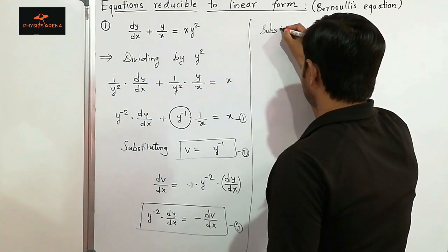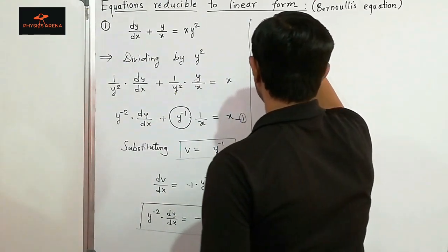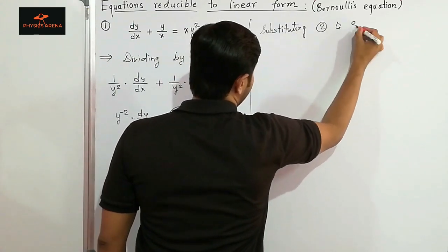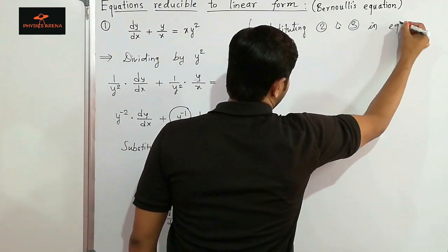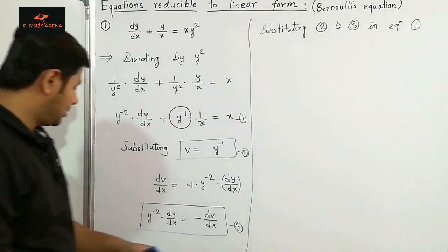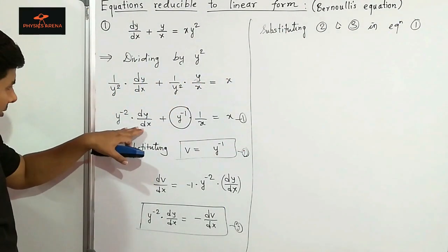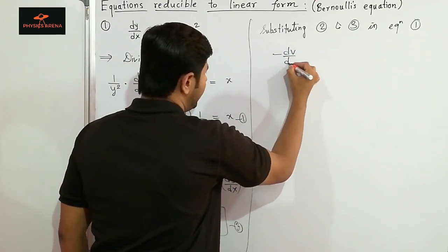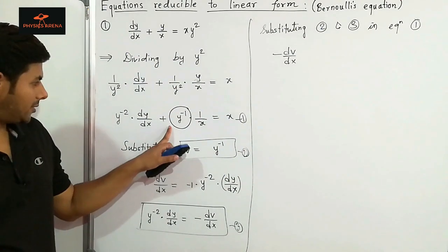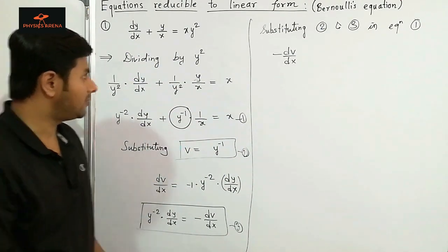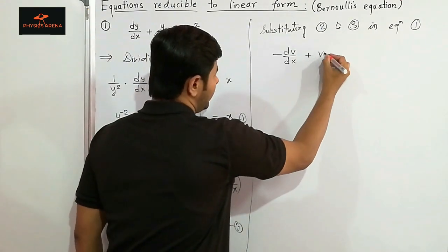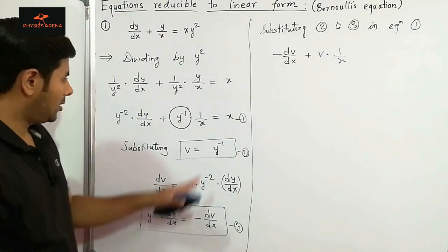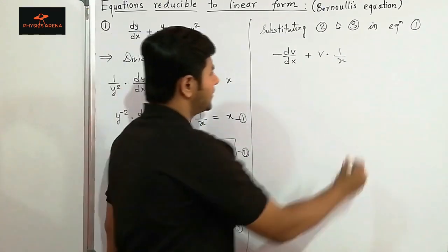So substituting 2 and 3 in equation 1, what we get is minus of dv by dx plus y raised to minus 1 is v, so plus v multiplied by 1 over x equals x.